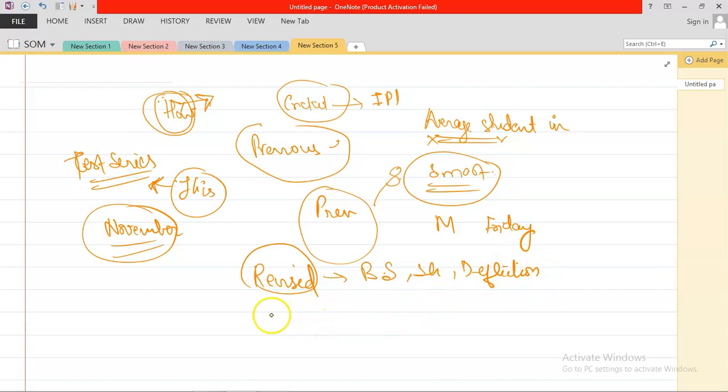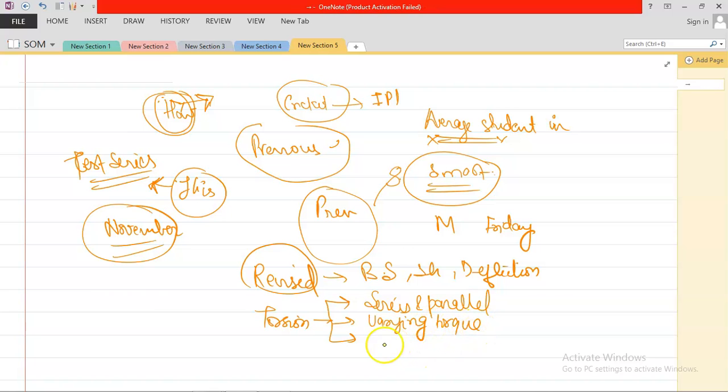Then I went to torsion. In torsion, I covered a few topics like series and parallel shafts, varying torque, and also combined torsion and loading.